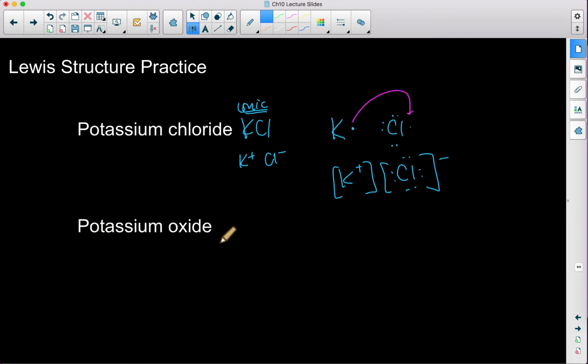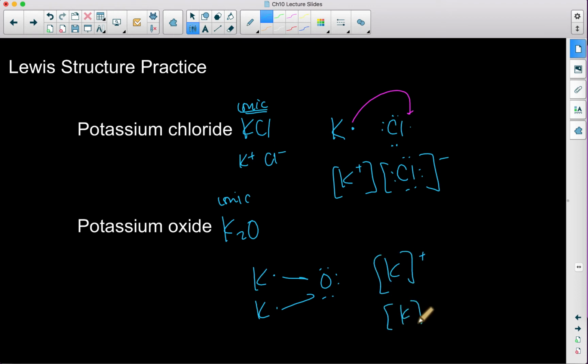Next up, potassium oxide. We would think, yep, this one's also ionic, so we would do the same thing. We have K and we have oxygen, and what's going to happen is potassium is going to give one electron, and then I'm going to have two potassium ions with a plus charge, and then one oxygen that's going to have its full octet.